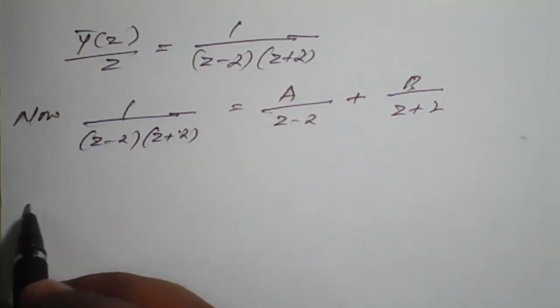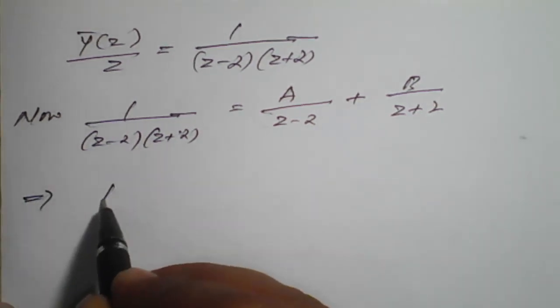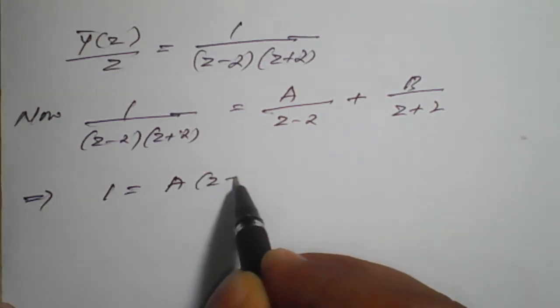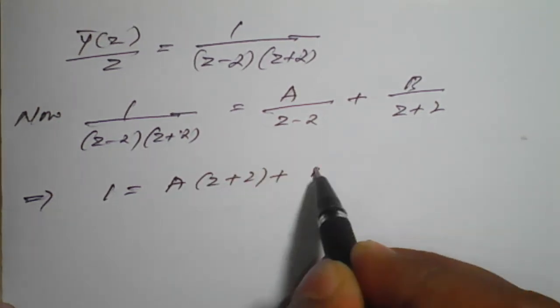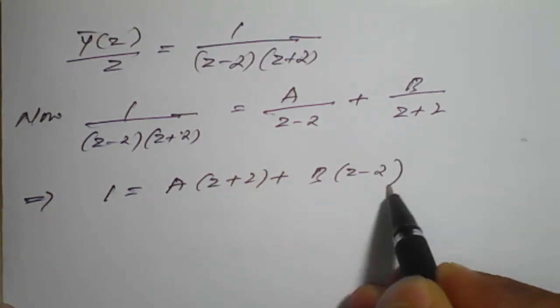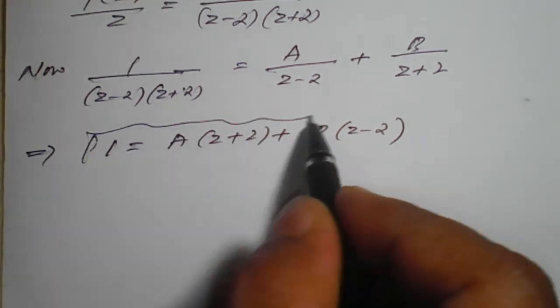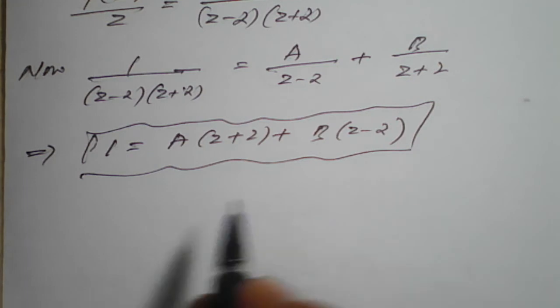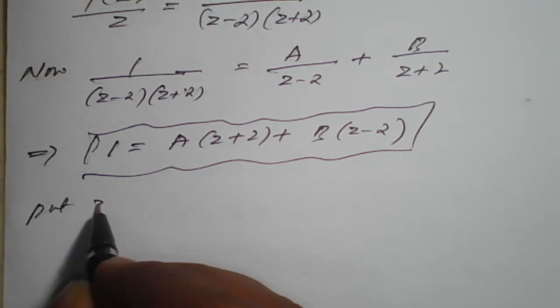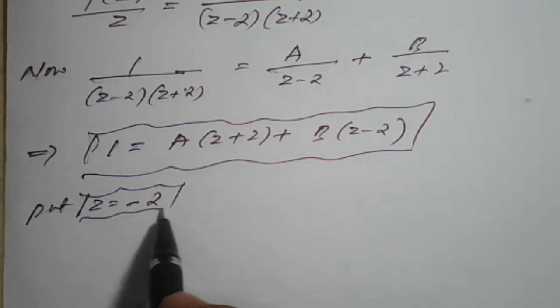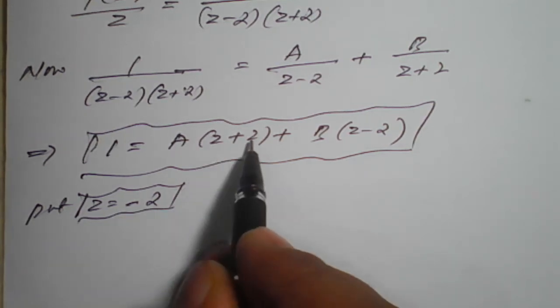So on simplification we'll get the equation as 1 is equal to a into (z plus 2) plus b into (z minus 2). So we'll get the values of a and b here. So put z is equal to minus 2. If you put z is equal to minus 2 here, minus 2 plus 2 is 0.